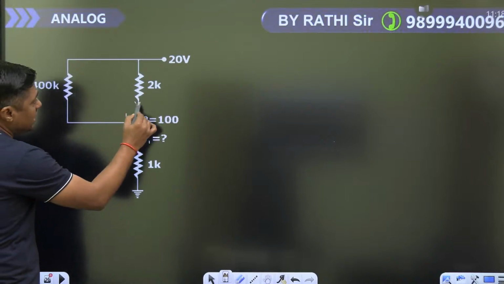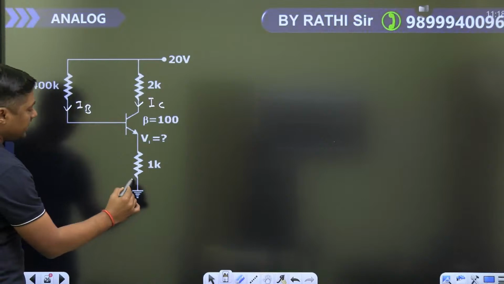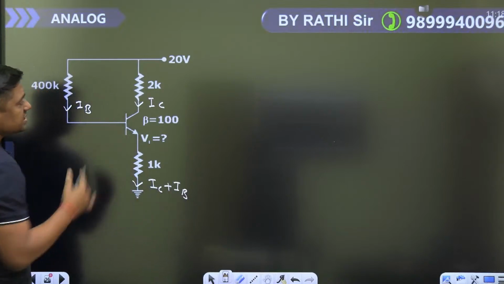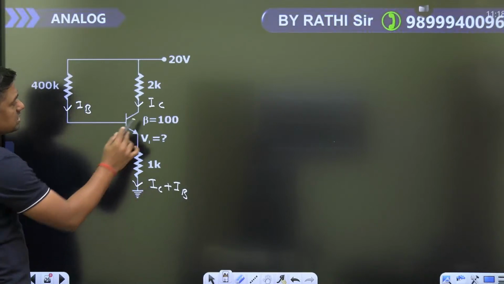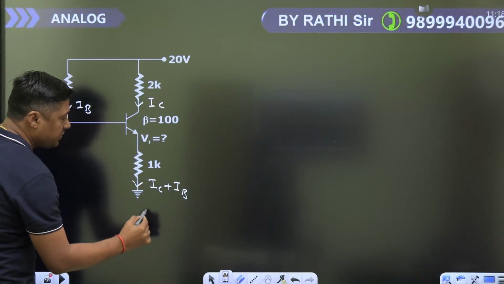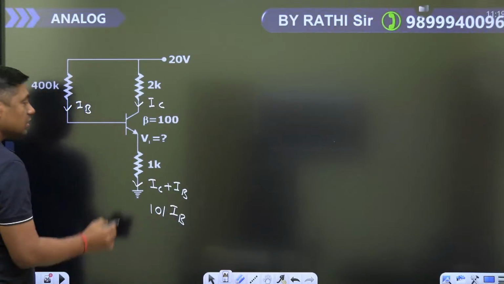Now, how do we find the emitter voltage? Very simple. This is IC, this is IB. What is the current here? IC plus IB. We are assuming it is in the active region. What is beta? 100. So IC plus IB will become 1 plus beta times IB, 101 times IB.